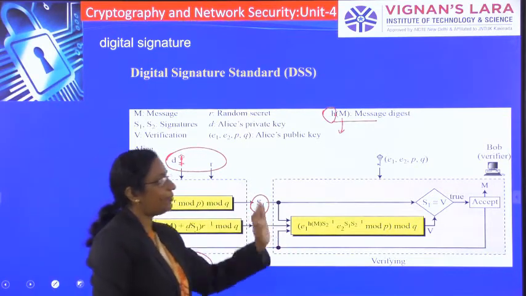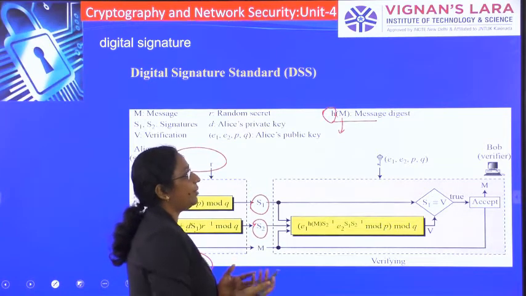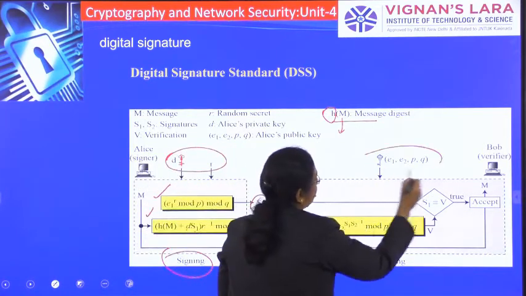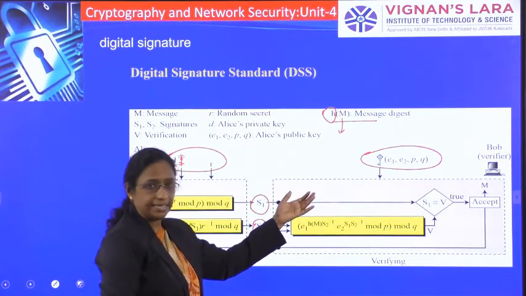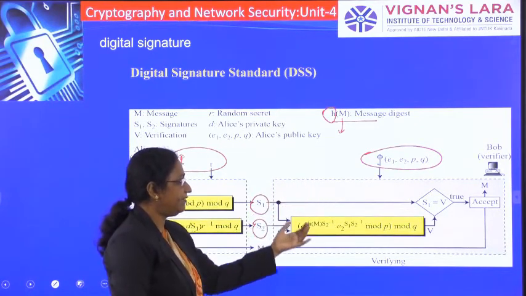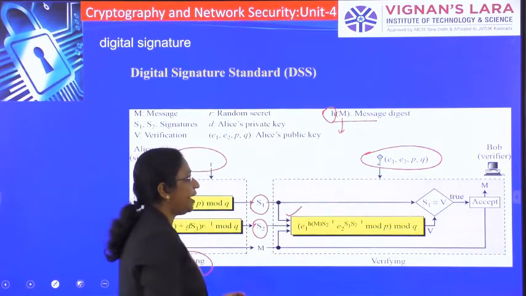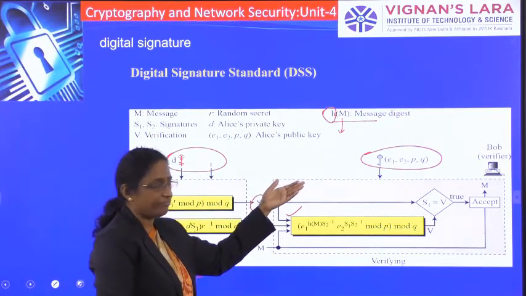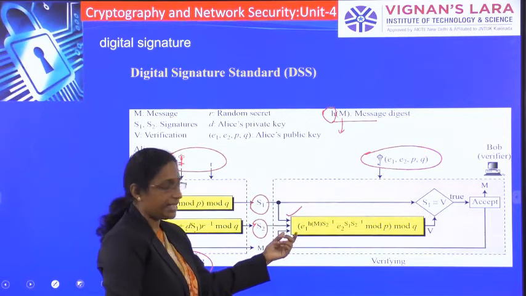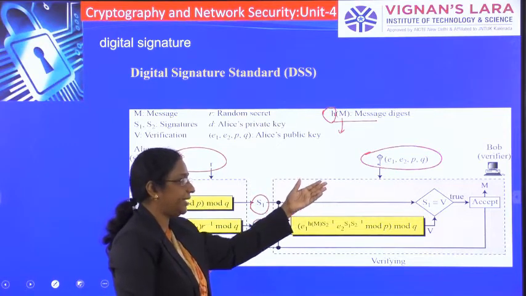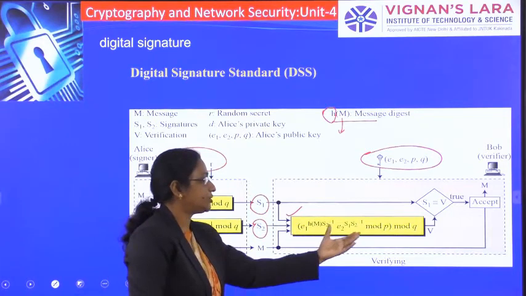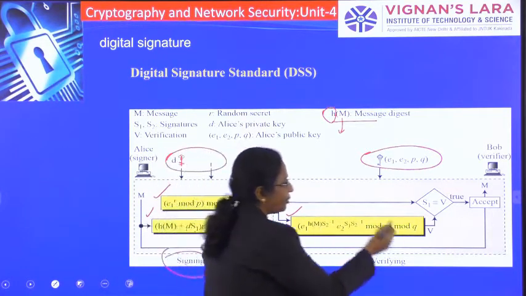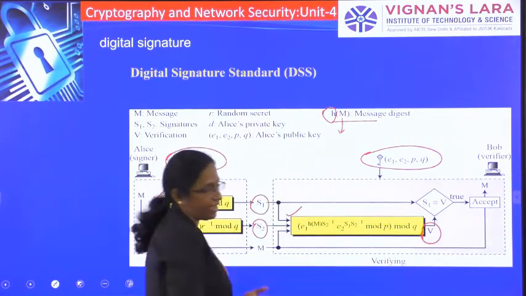Now what Bob will be doing is that Bob uses the public key of Alice, and he will be applying this function. He will be using the public keys of Alice and the hash algorithm, and it goes through this function, and the output of this function is your V value.